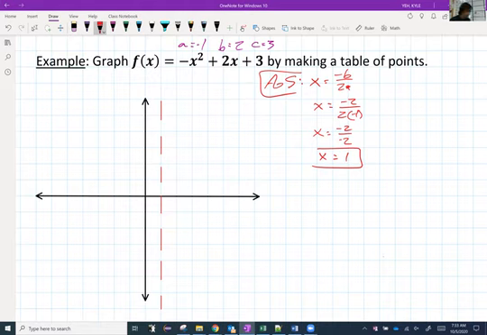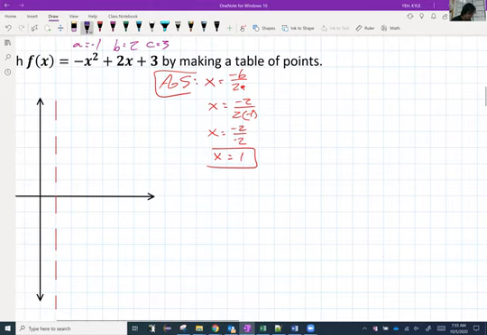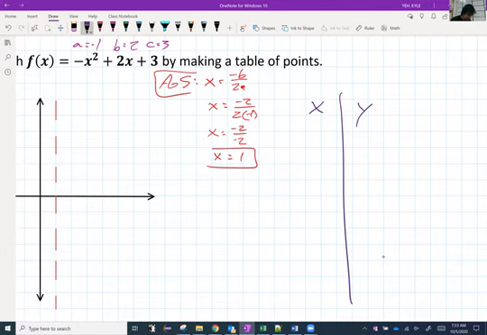Let's find the vertex while we're at it. We know that the x-coordinate is 1, so I'm going to say I can find the vertex, and I'm going to start my table. And I'm going to say, okay, 1 is going to be in the middle of my table because the vertex is in the middle of my graph. I know that I need to plug in 1. So I'm going to plug it into my function. Negative quantity 1 squared plus 2 times 1 plus 3.